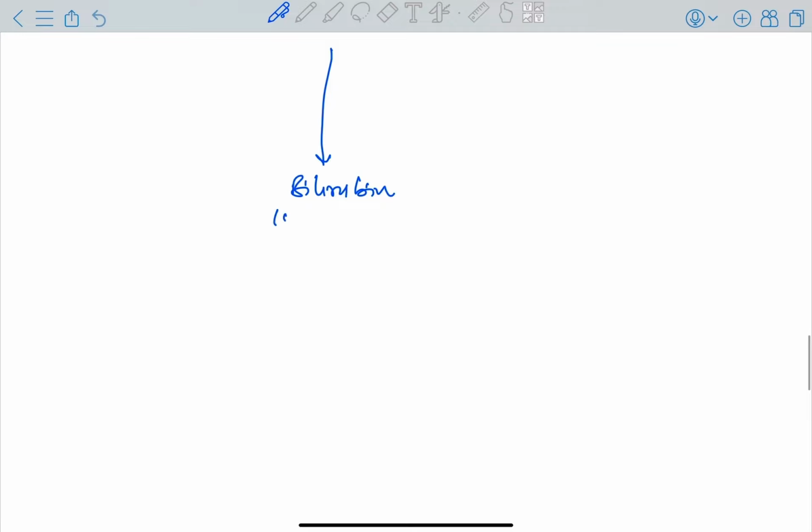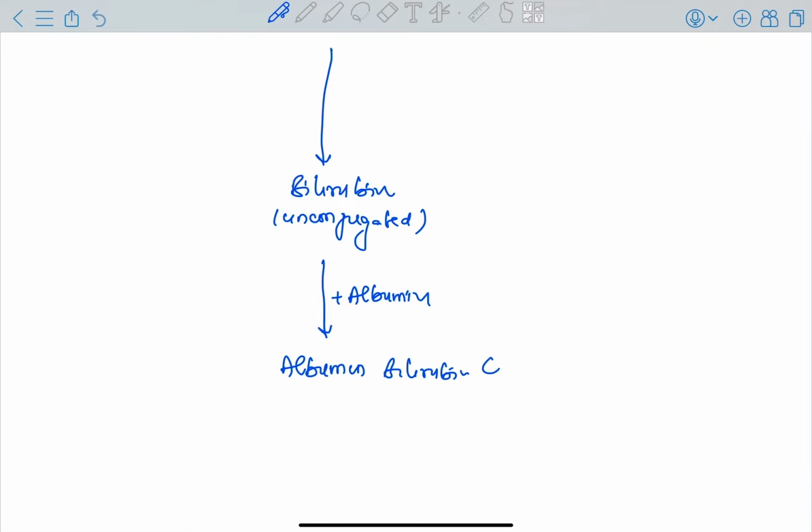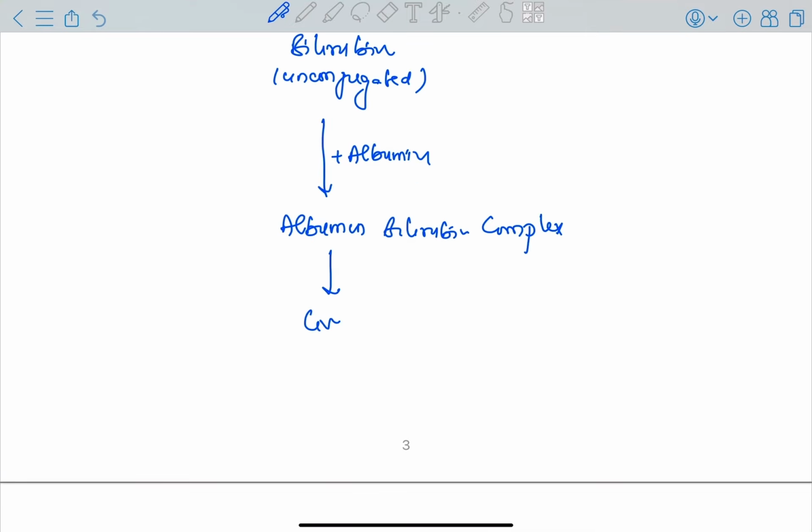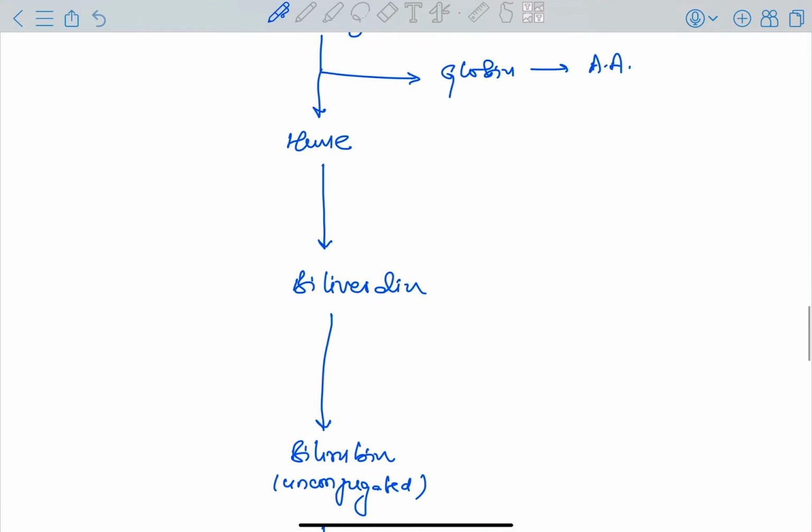Bilirubin is unconjugated here. With the help of albumin, it forms the albumin bilirubin complex, which is finally given to the liver.